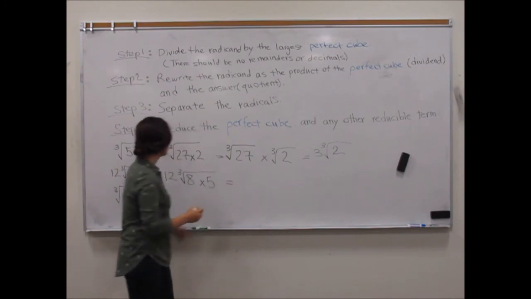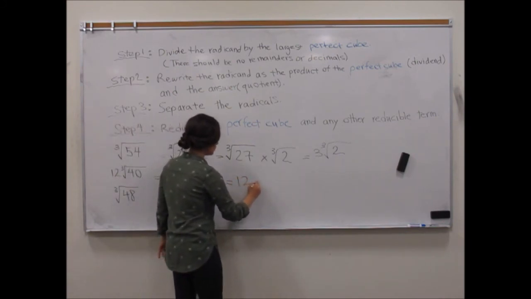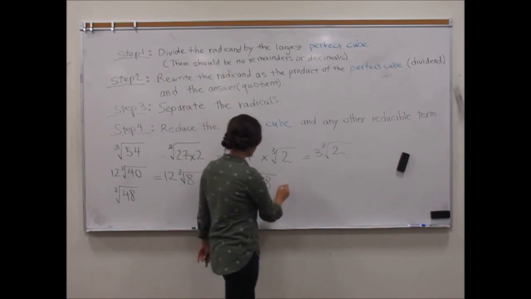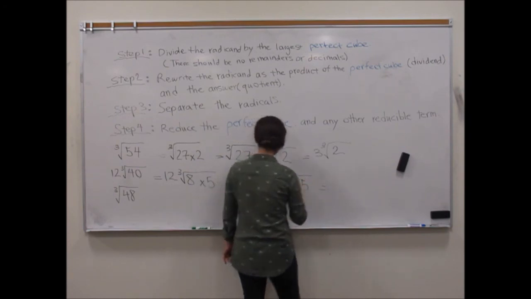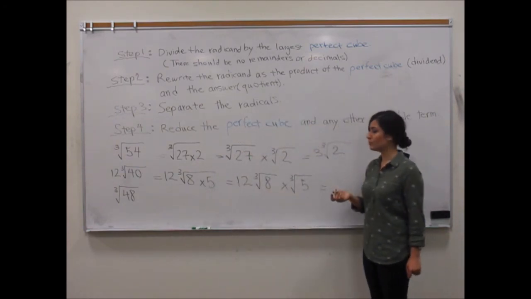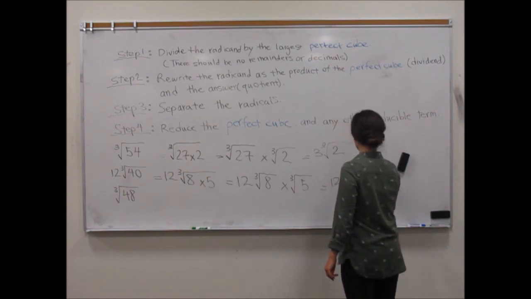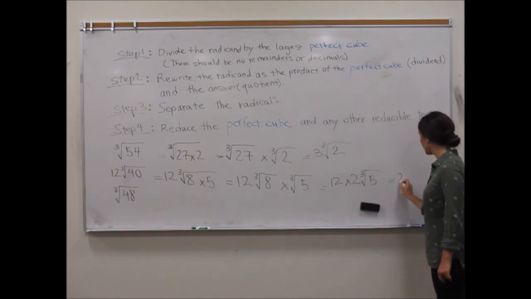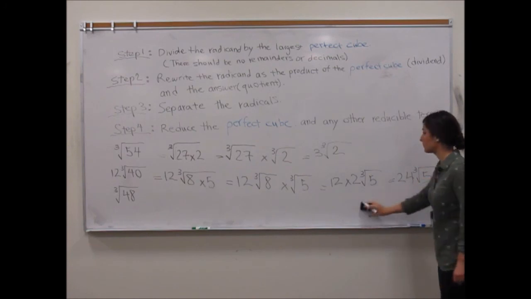And then step 3, I'm going to separate the radicals. So it would be 12 times cube root of 8 times cube root of 5. Cube root of 8 is 2. So I have 12 times 2 times cube root of 5. 2 times 12 is 24. So I have 24 cube root of 5.